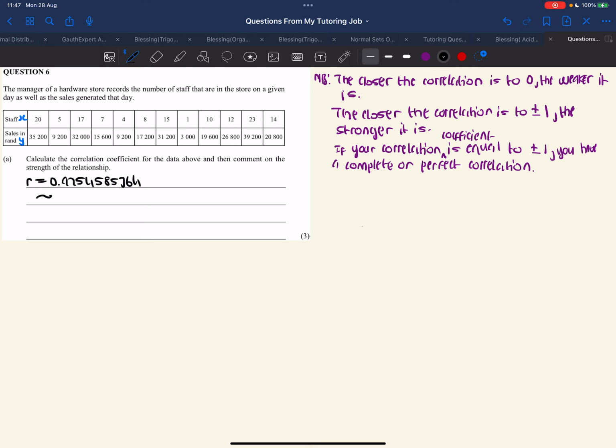Let's round off to 4 decimal places, which gives 0.9755. Now can you see that that number is actually closer to 1? Remember, this one is positive. Remember, we said that if the correlation is closer to 1, the stronger it is.